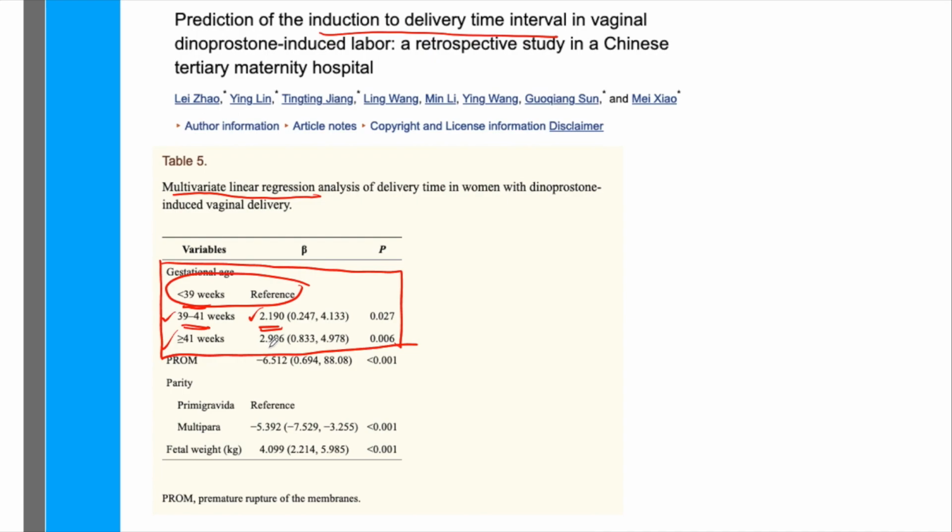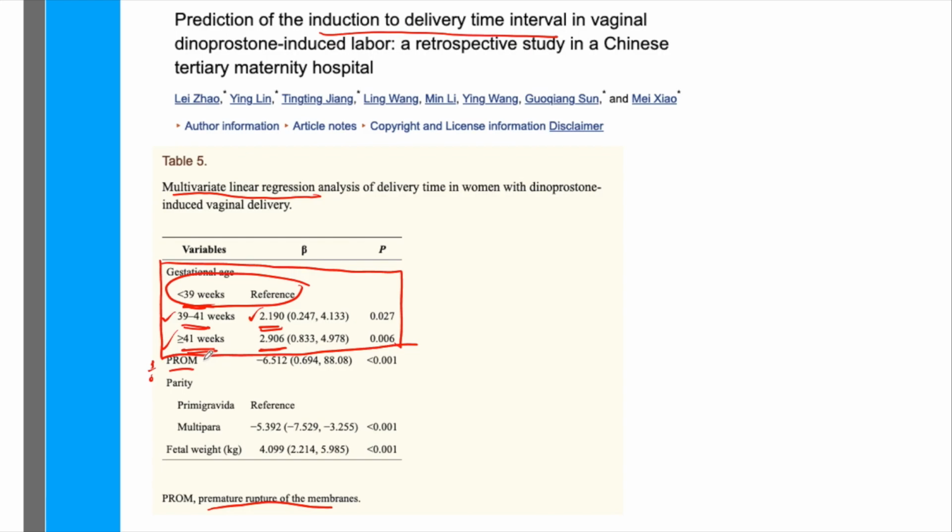Likewise, the delivery time interval is higher by 2.906 when the gestational age is at least 41 weeks as compared to those with gestational age of less than 39 weeks. PROM here refers to the premature rupture of the membrane. It's a categorical variable, meaning if there is a premature rupture of the membrane, this is 1, and 0 means there's no premature rupture yet.